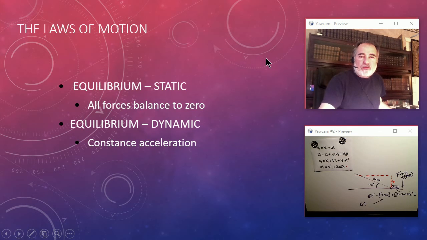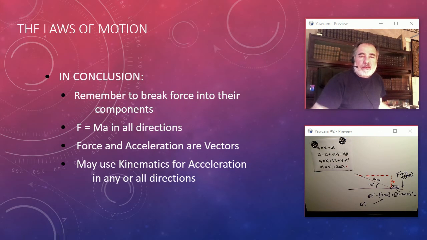So, in conclusion, remember to break forces into their components when necessary. F equals ma in all directions. It's a vector, and the acceleration is a vector. But make sure you don't mix apples and oranges together here.